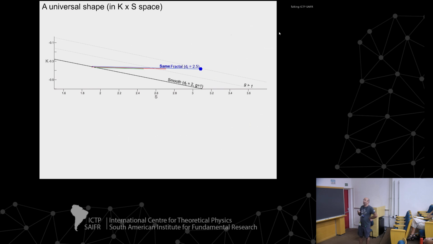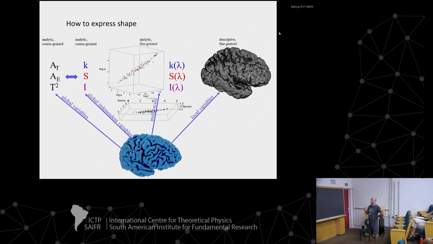Okay, now I want to summarize what I have found. Describing a brain, a cortex, with a whole load of numbers is not very generalizable. Defining it by very few numbers is not very descriptive.